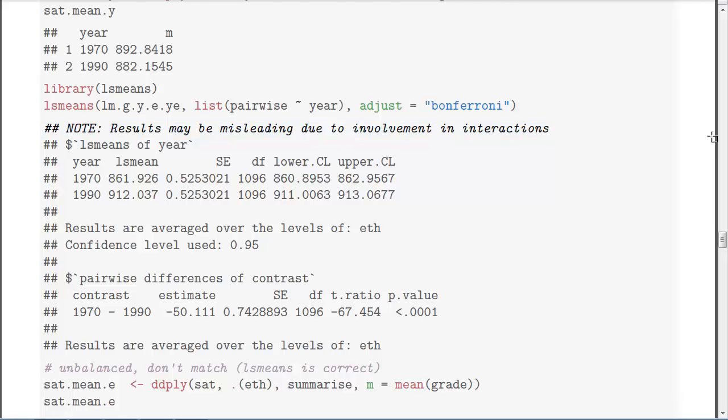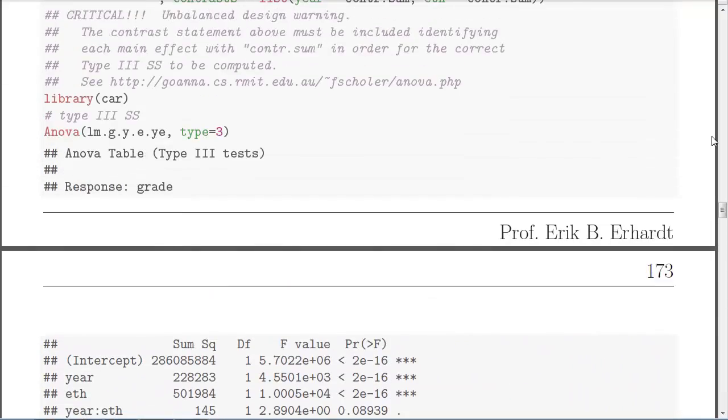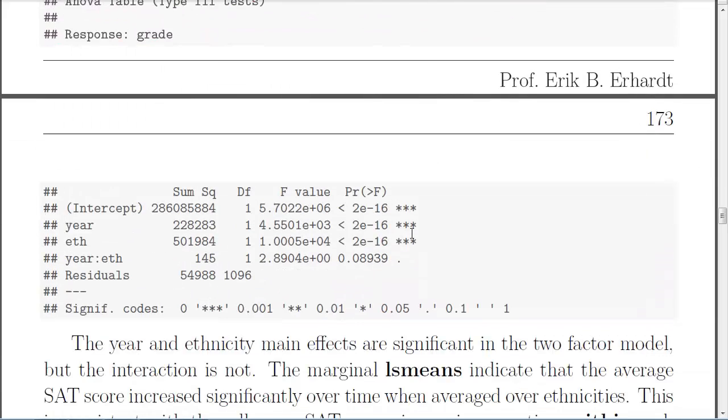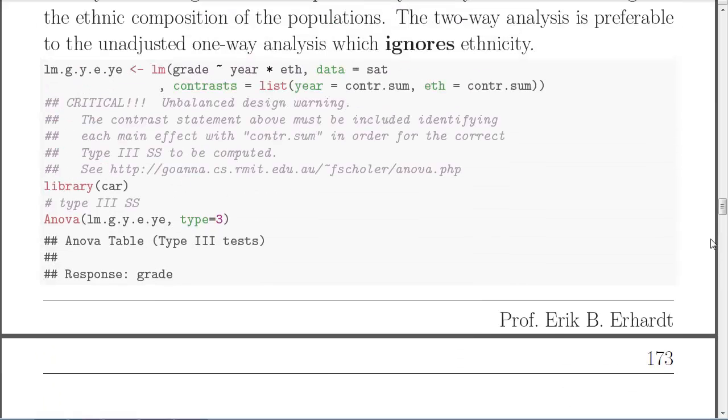We fit a model, I'll scroll up for a moment, that has the interaction included. If I scroll down, we have the interaction in the model, which is not significant at the 0.05 level. The thing to do at this point is probably to simplify our model and change this to a plus sign to only include the two main effects.